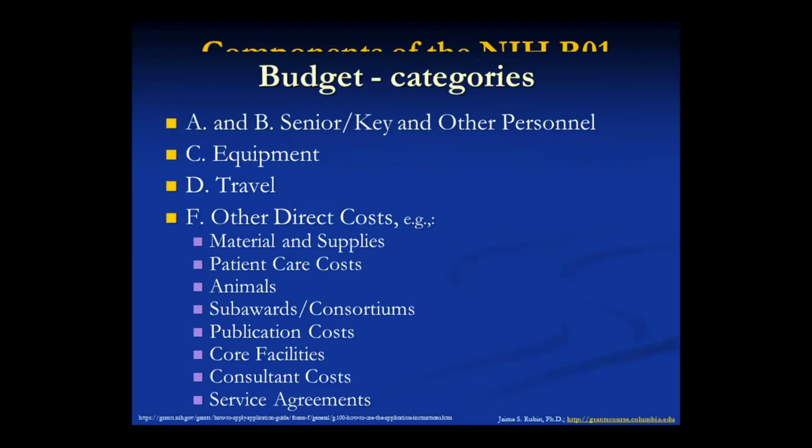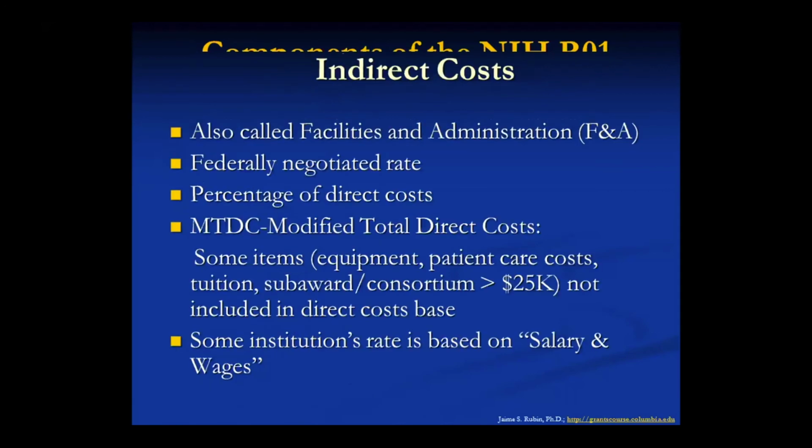These are the different categories in a detailed budget justification. As you can see: personnel, equipment, travel, other direct costs, including the subcontract, animals, patient care, and so forth. And then every institution has an indirect cost rate, sometimes called facilities and administration.